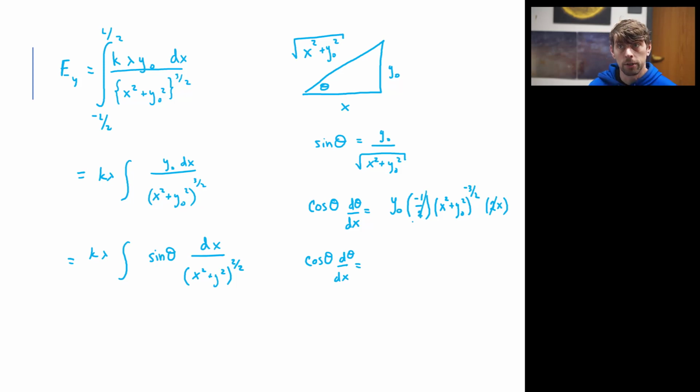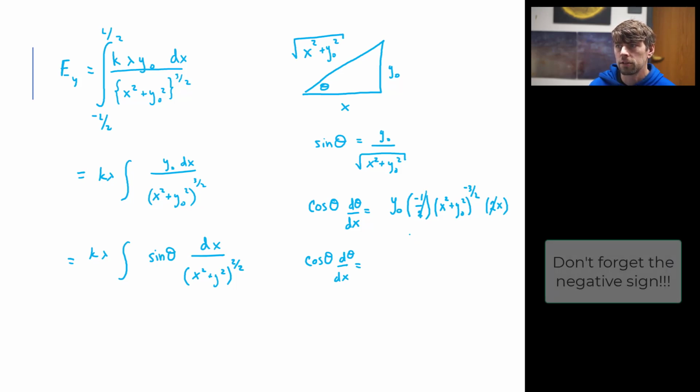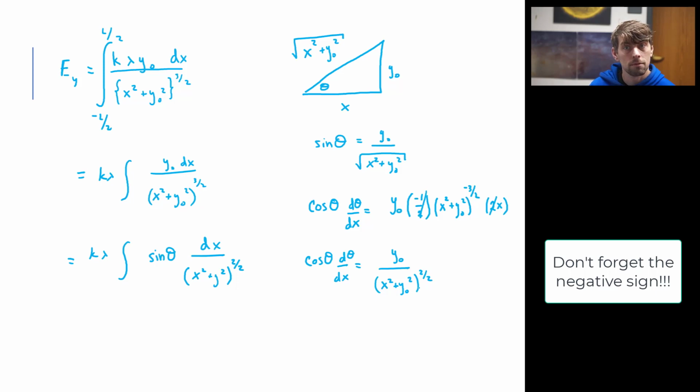Another thing that we notice is that I will go ahead and split this up. I have something that looks like y naught over x squared plus y naught squared, and again, I'll write this as to the 2 halves. And then that takes care of the y naught, that takes care of 2 of those.